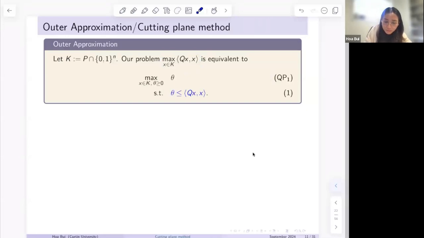We create theta, a new auxiliary variable which represents the value of the function. Then we try to maximize that value, but we need to restrict it to the value of the true function. That's why we have this constraint. So the two problems are equivalent to each other.